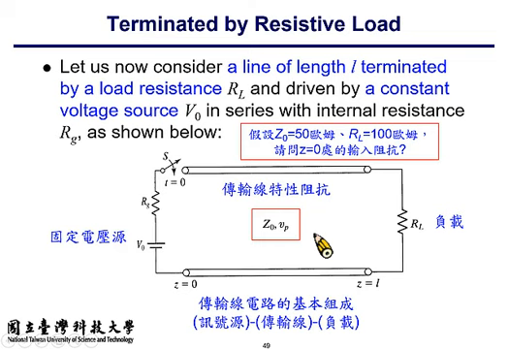If you are looking at t equal to 0, which means the time the switch closed on, and you stand over here and look to the right, what is the impedance that you observe? Well, the answer is 15 ohm. Why?